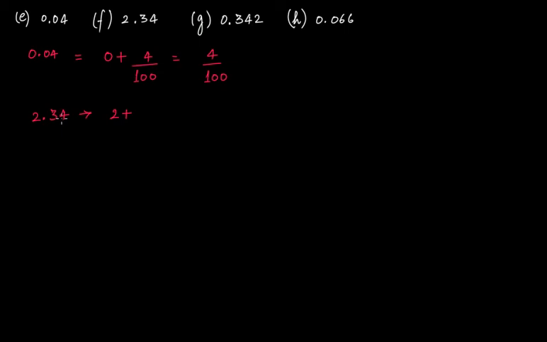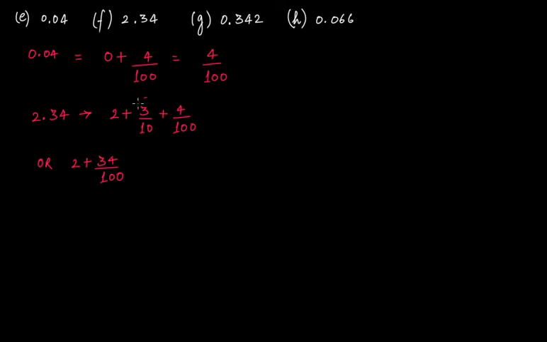So your decimal representation goes up to the hundredths place. Now this can be written as 3 over 10 plus 4 over 100, or you can simply write it as 2 plus 34 over 100.